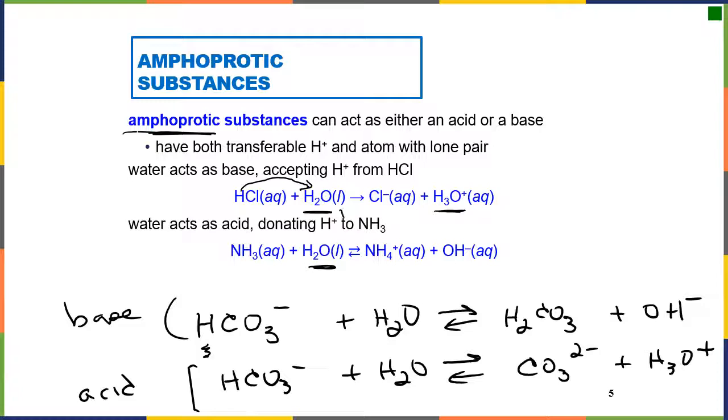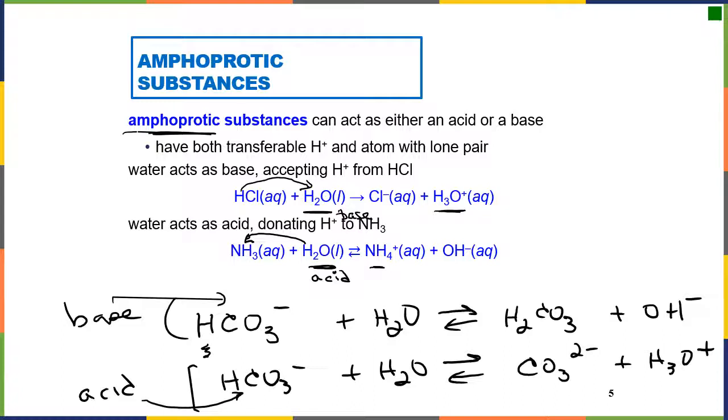Water here is acting as a base. It is accepting a proton. But if we're looking at water with ammonia and making ammonium, we are noticing that the hydrogen is coming off of the water and sticking onto the ammonia, and water here is acting as an acid. So down here, bicarbonate is acting as a base, and here, bicarbonate is acting as an acid.